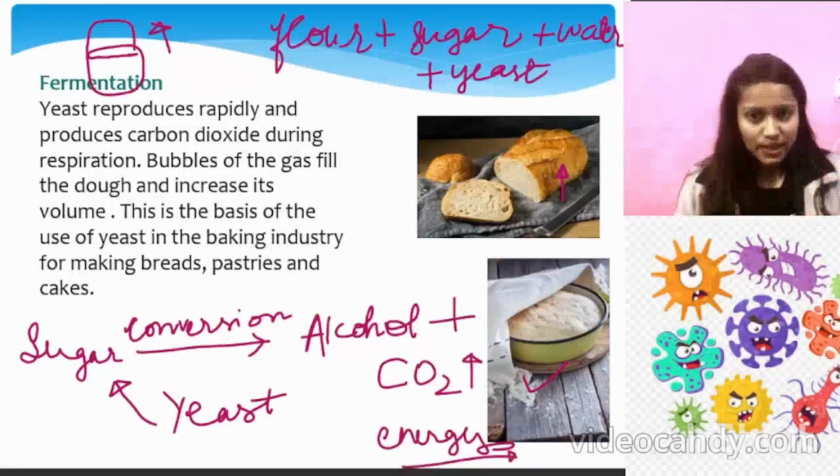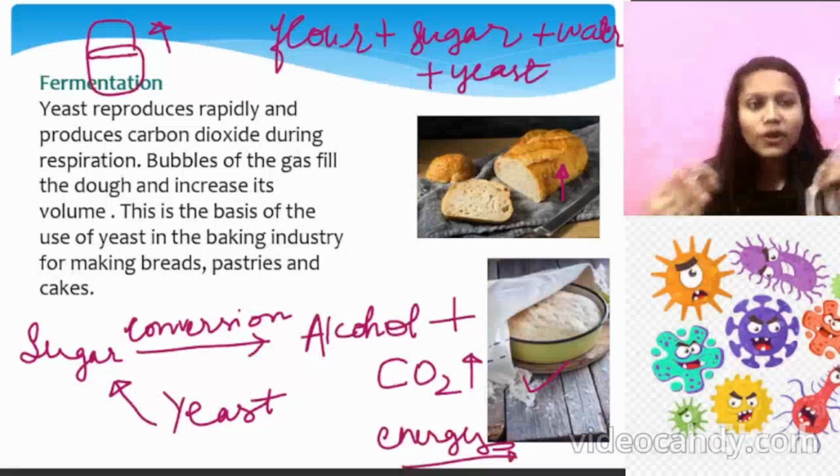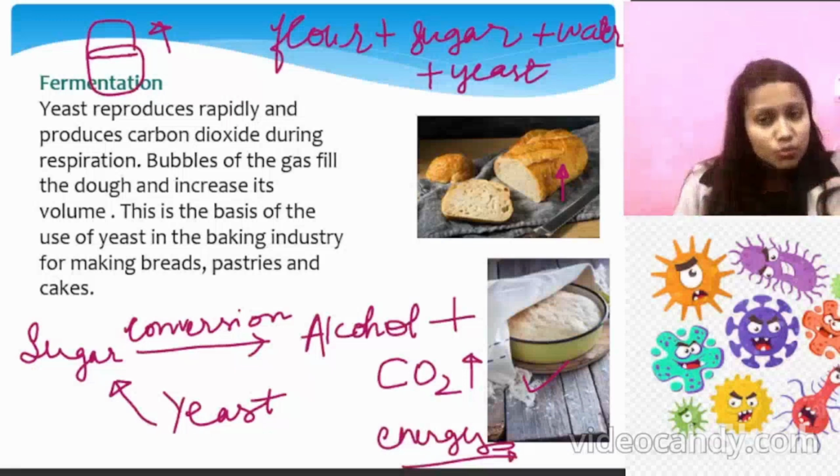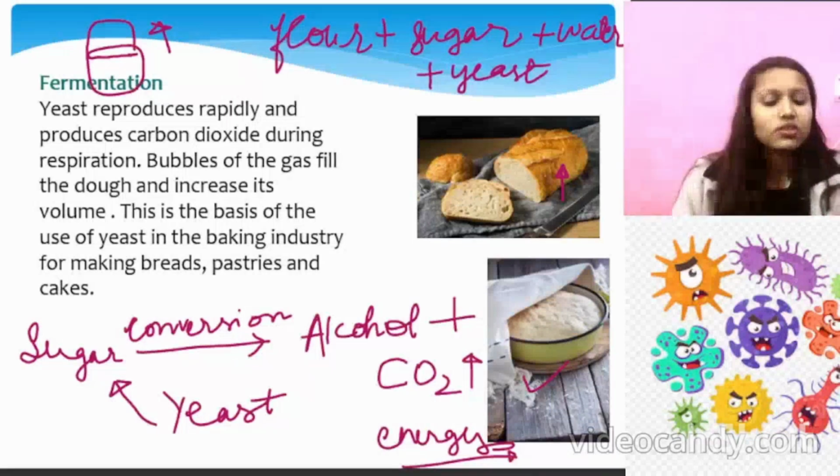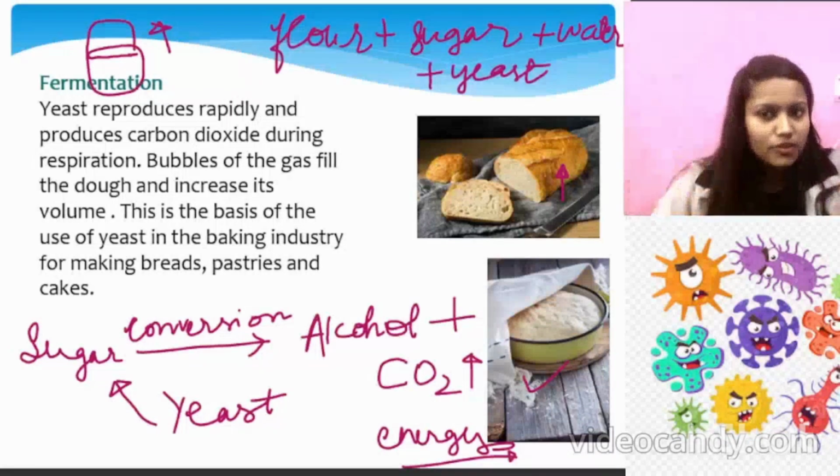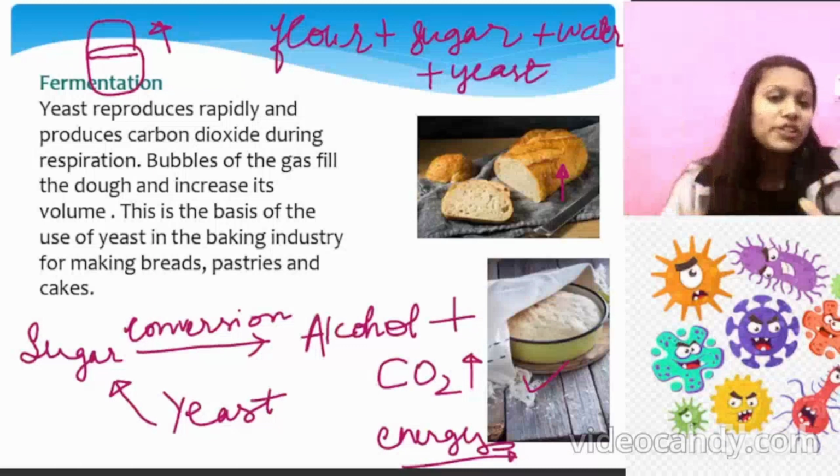Yeast multiplies itself, and the more they multiply, the more the carbon dioxide will try to escape the dough, and the more the carbon dioxide tries to escape, the more the dough rises, and the dough becomes so fluffy in nature.